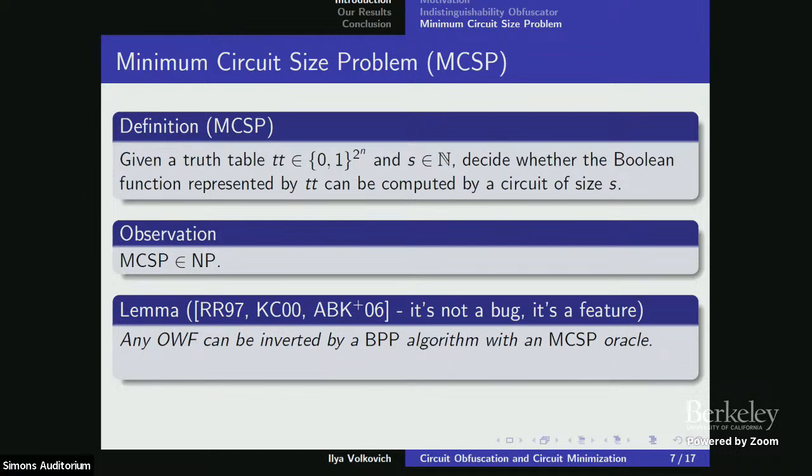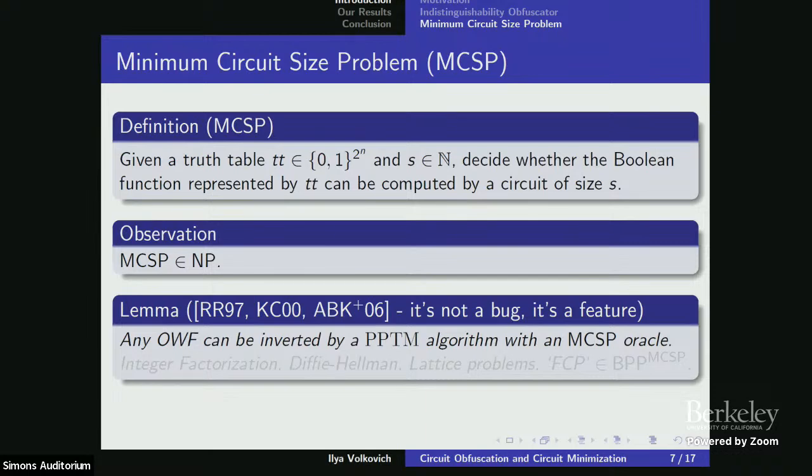A line of work started by Kabanets and Cai, with subsequent work, pretty much showed that any one-way function can be inverted by a BPP algorithm with an MCSP oracle, right? Since it's a cryptographic audience, I probably should correct myself: instead of BPP, I should say PPTM, but you can pardon my French.